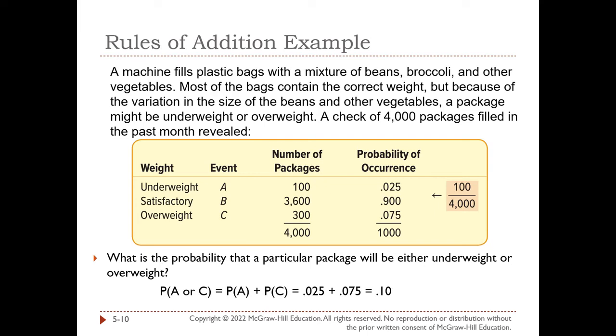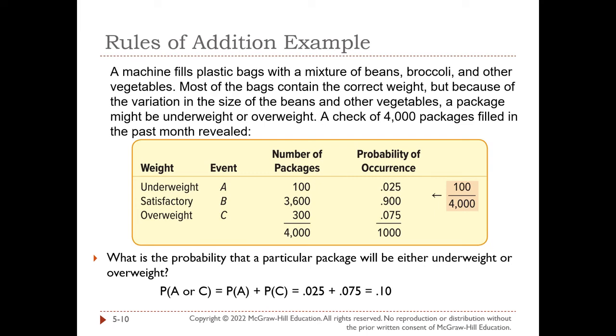But because of the variation in the size of the beans and other vegetables, a package might be underweight or overweight, and we like the overweight ones if we're consumers, more bang for our buck. Anyway, a check of 4,000 packages filled in the past month revealed the following.